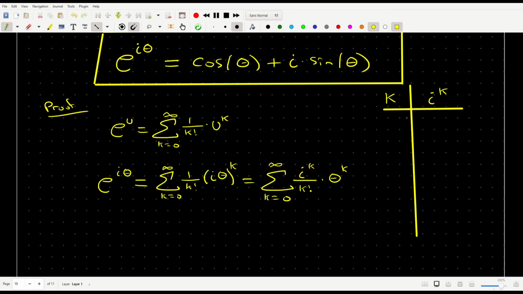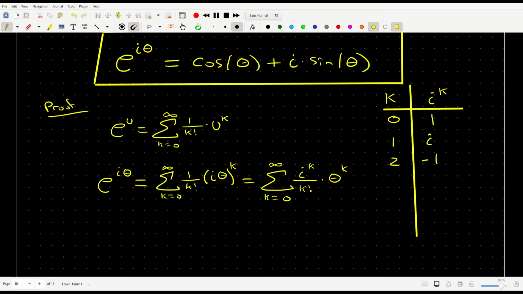Well, when k is 0, it's a well-known property of complex numbers that a complex number to the power 0 is just the real number 1. When k is 1, i to the 1 is just i. When k is 2, i squared is going to be negative 1.